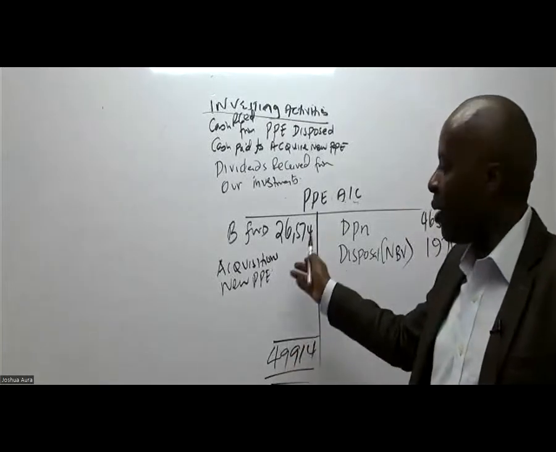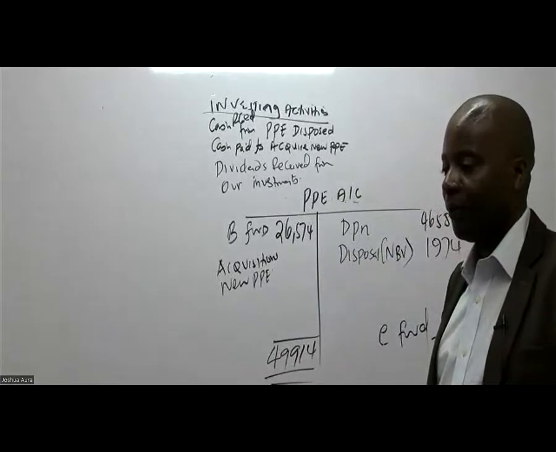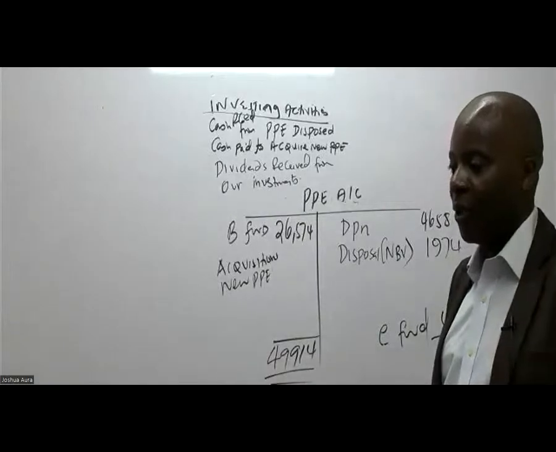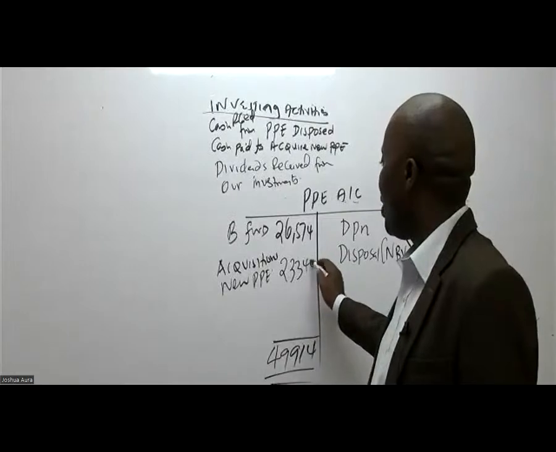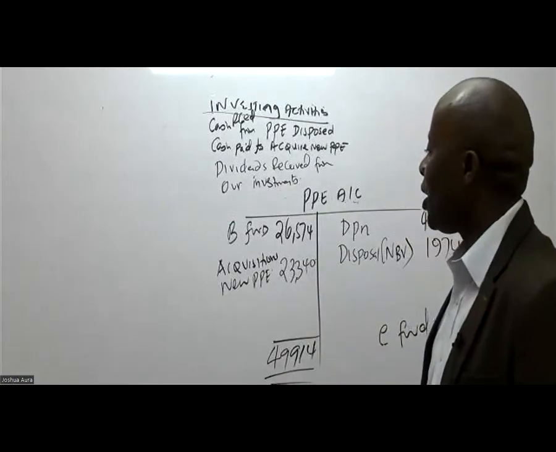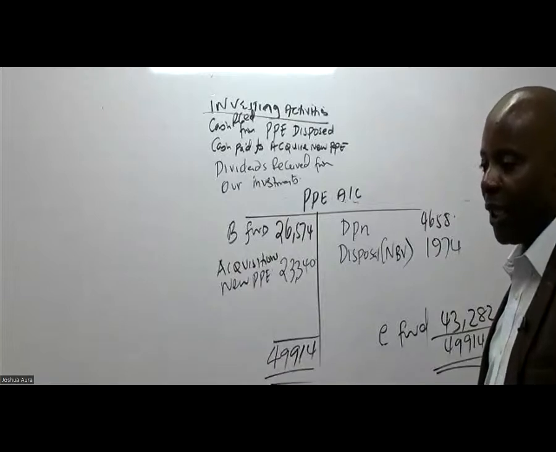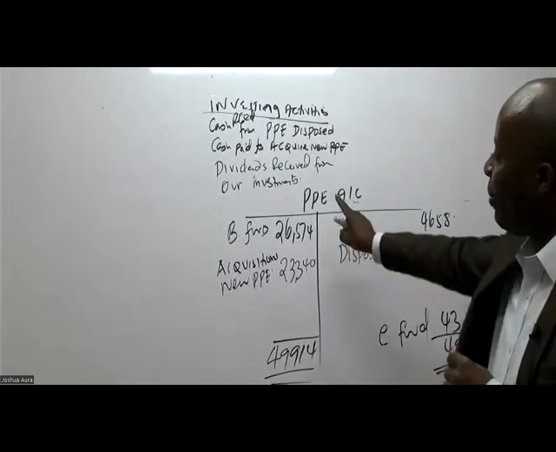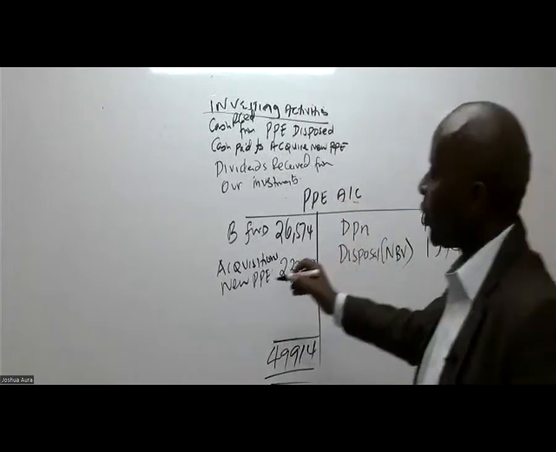So in this case, what about this 23,340? This 23,340 is what we acquired in the period. So meaning that, ladies and gentlemen, our PPE increased, our cash went out. So this is cash out.